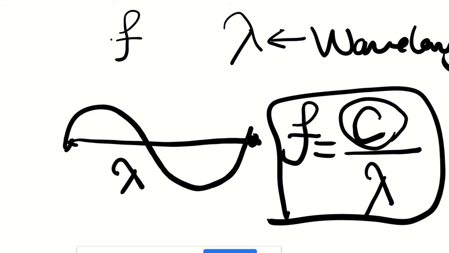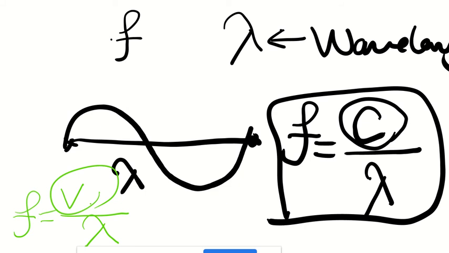So if I want to talk about the general form of F, you can say F is equal to the velocity of the signal inside the transmission line over lambda. So instead of C, I write V. V is the velocity of propagation. And the speed in a cable can be anywhere from 0.5 to 0.95 of the speed of light.